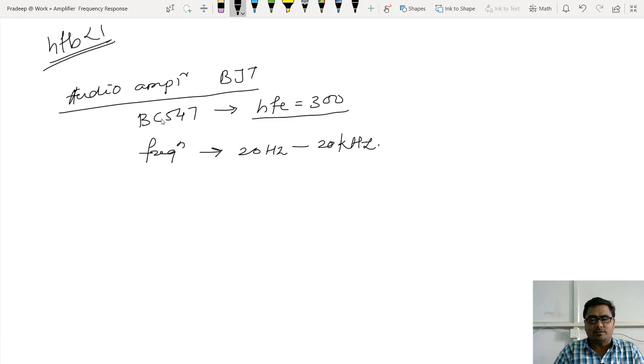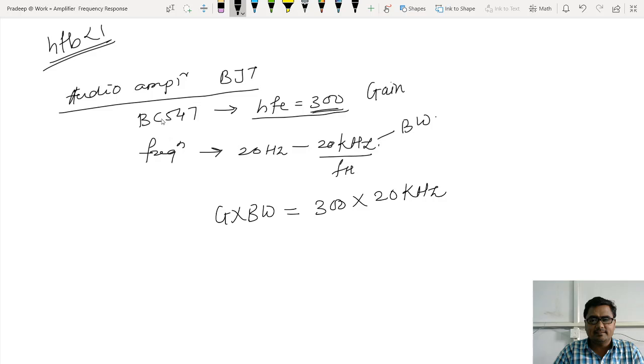So this is value of HFE, that is what my gain is, current gain, and this is higher cutoff frequency. It means it is my bandwidth. What will be the gain bandwidth product? 300 multiplied by 20 kilohertz, that is 20,000.